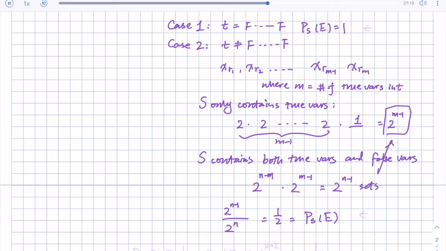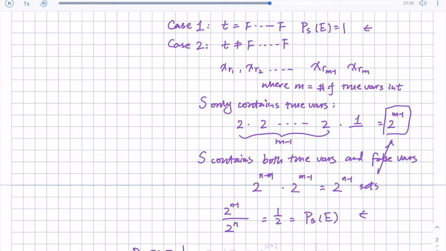Because in case 1 the probability is 1, and in case 2 the probability is a half, we can say that the probability in general is at least a half.